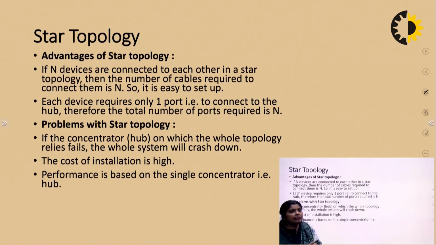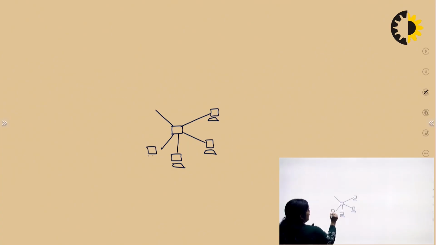The main advantage of the star topology is this: if there are n devices, how many cables will be required? If there is one hub or bridge, and the nodes are connected to it, you can easily calculate.